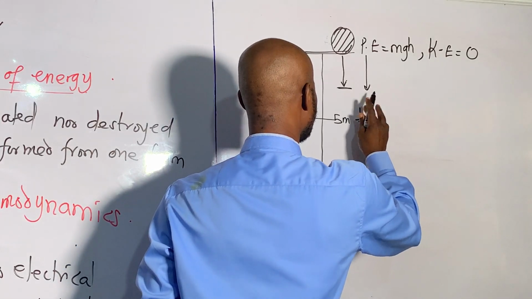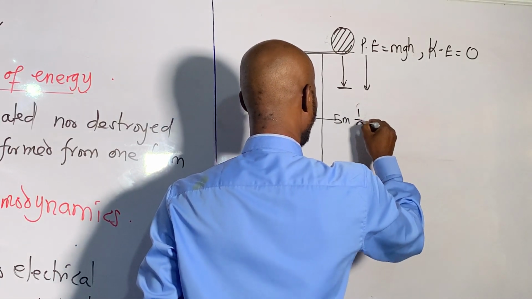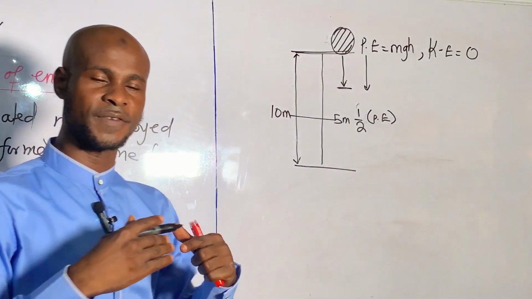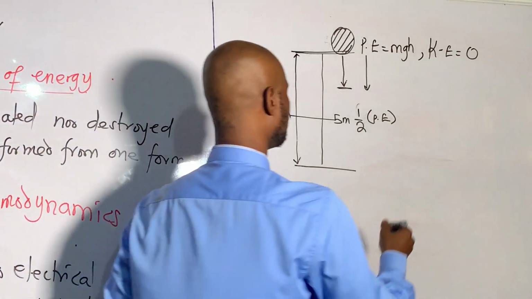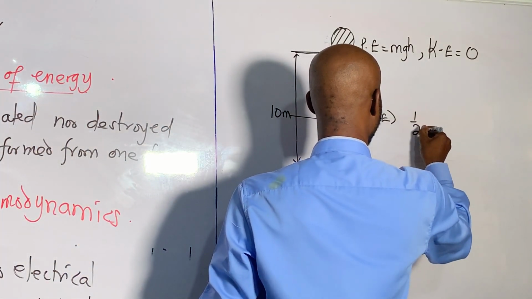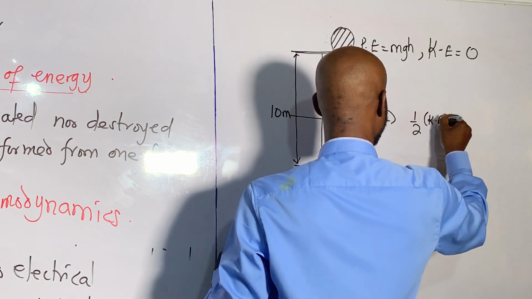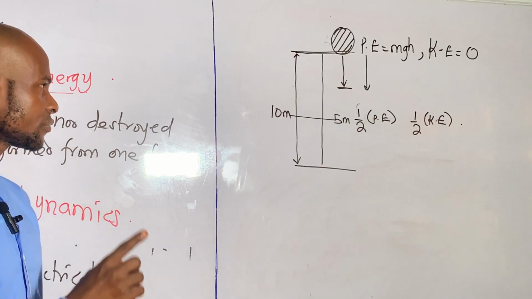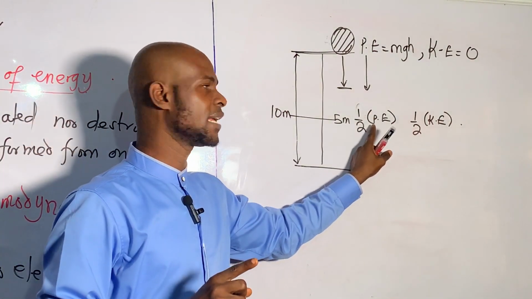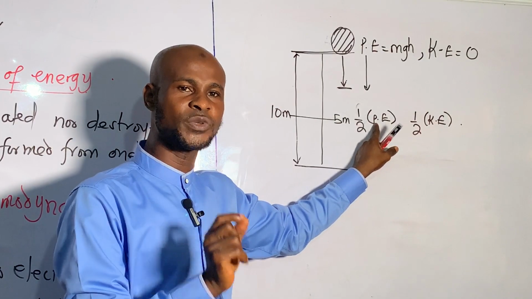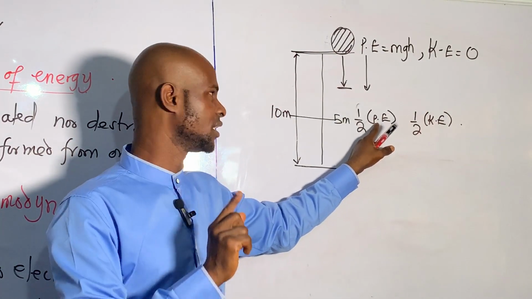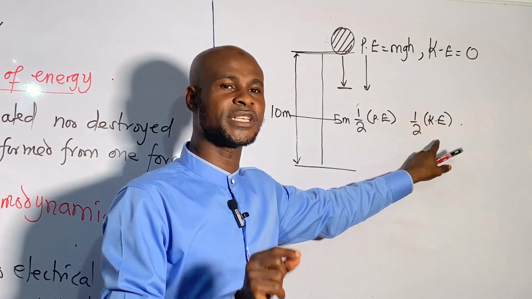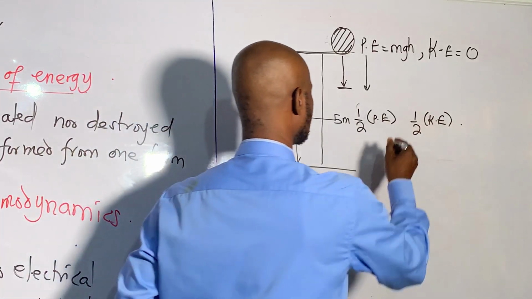The object will possess half of the potential energy, which means the potential energy will be divided into 2. And the body will possess half of the kinetic energy here. Another thing you need to note is that at the midpoint, the potential energy, which is half of the entire potential energy, will be equal to the kinetic energy here, which is half of the entire kinetic energy.